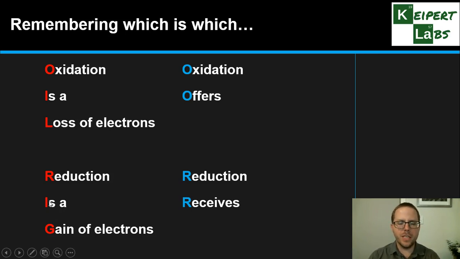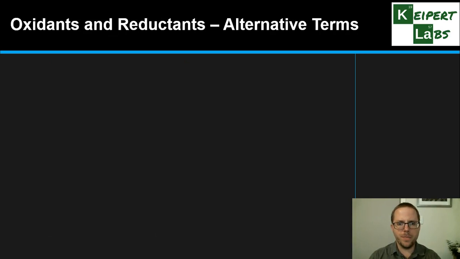Now, when I was at school, the way that my teacher taught me, which might be a different way to help you, is that oxidation offers and reduction receives. So the alliteration of those same letters. So whichever of these techniques helps, or if you've got some other process that might be useful. Because the challenge here is that you've only got two processes, but that means you've got a 50-50 chance of labeling them correctly, and students often get them around the wrong way. So you need a technique to help you remember which is going to be which.